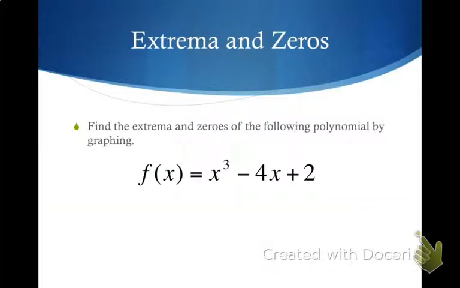Alright, so to find the extrema and zeros of the following polynomial, for these questions, what you're really going to do is plot this in your y equals on your graphing calculator. And you're going to find the extrema, you're going to do the calculate max and min.